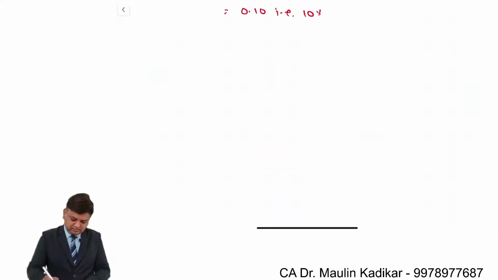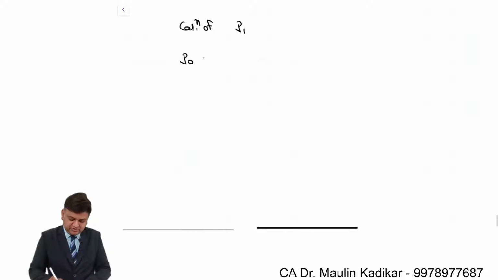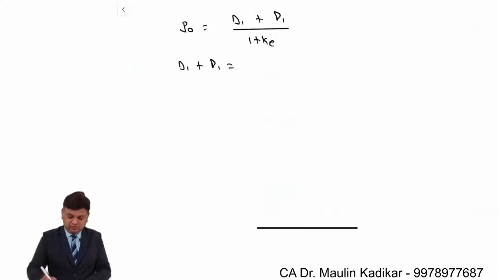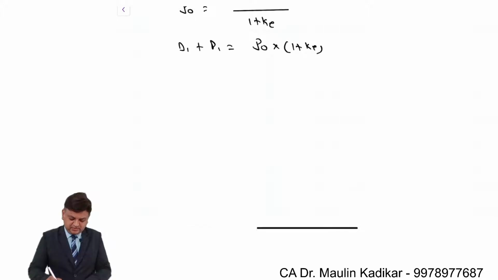Next, calculation of P1. How is P1 calculated? P0 is equal to D1 plus P1 whole divided by 1 plus K. So D1 plus P1 is equal to P0 into 1 plus K. P1 is required to be found as balancing figure. So it is P0 into 1 plus K minus D1.